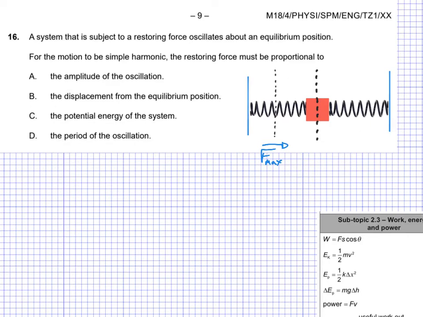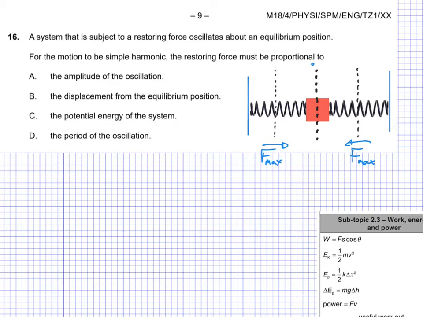We can say the same thing if we did exactly the same thing over here, or even if we released the red mass from this point. If there was no friction in the system, we would expect it to go all the way to an equal displacement on the other side, at which point it will have a maximum force, except this time it's going to be going in the opposite direction. It's going to be restoring it back to the middle.